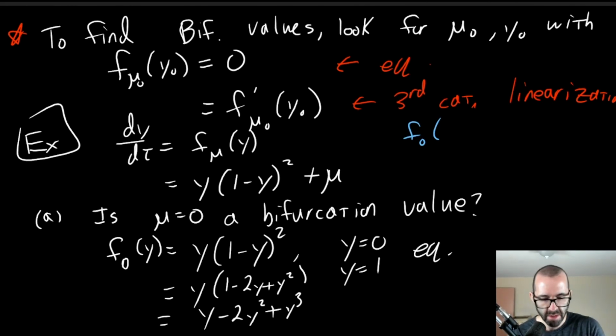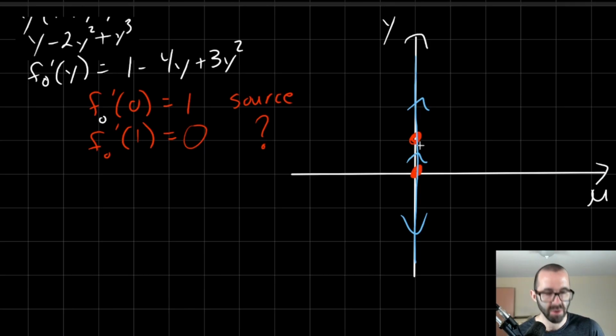We need to plug in something above 1. It can be anything. We plug in 2 into this function. A positive times a positive is a positive. So dy dt is positive, which means it's increasing, and we do have a node here. It's going to be very common to have nodes at bifurcation values.